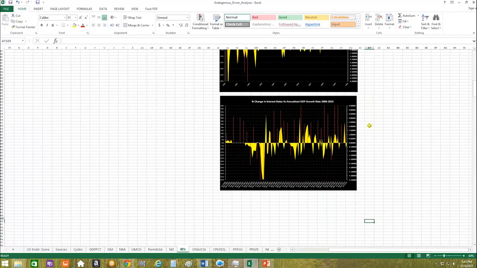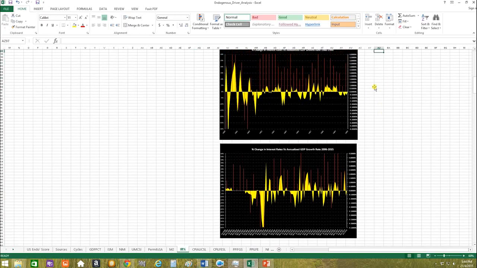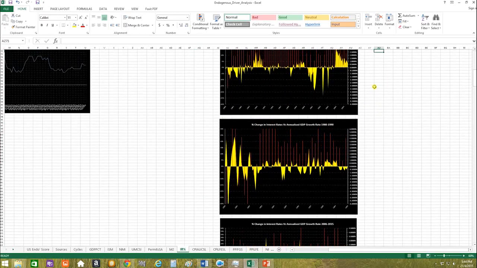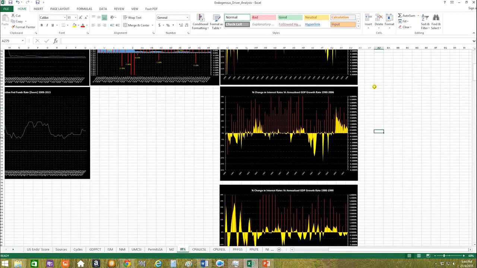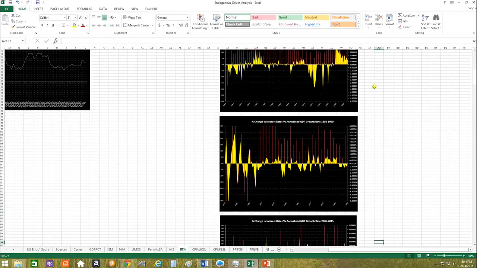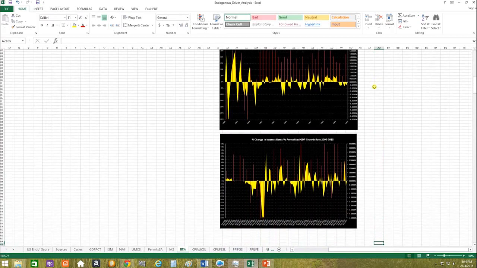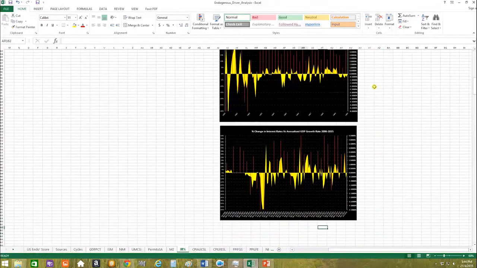And the final period we look at is the period 2006 to 2015. So up to present day, where we're comparing the interest rates on all of these charts, the percentage changes in interest rates in yellow versus the GDP growth rates that they're associated with at the same time in red.